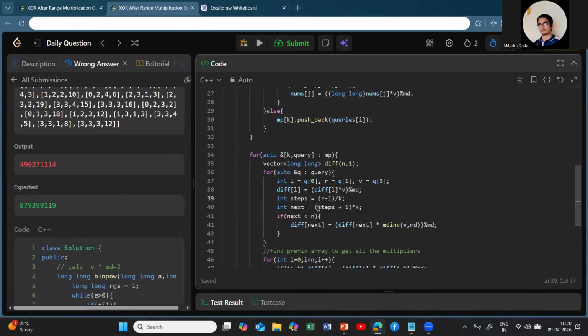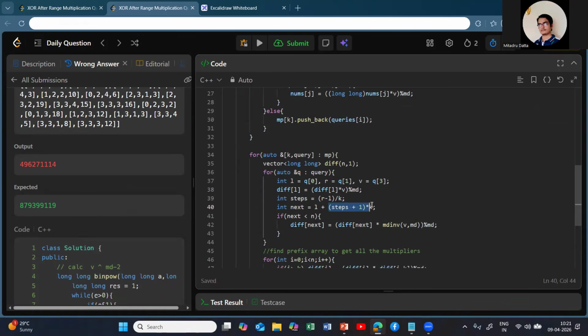Okay, so I guess you missed something over here, right? L plus, not just the number of steps. This is the offset, right? I forgot to add this offset with this particular value of K. So this is your next, right?